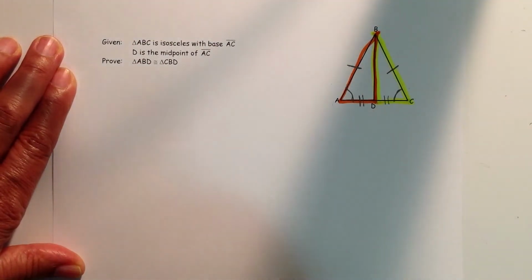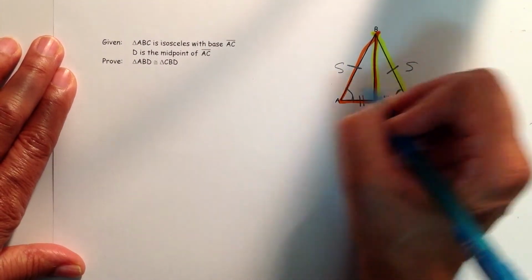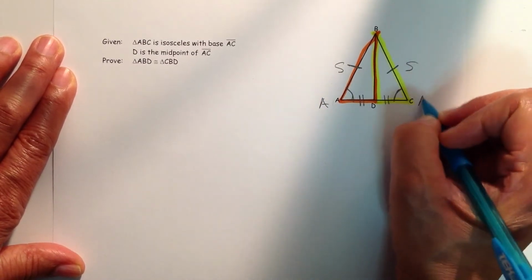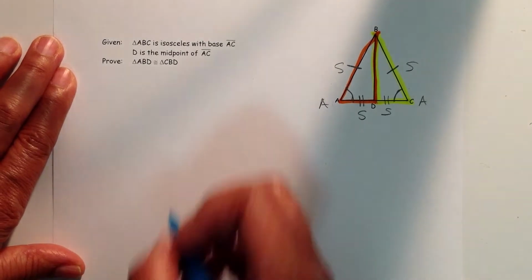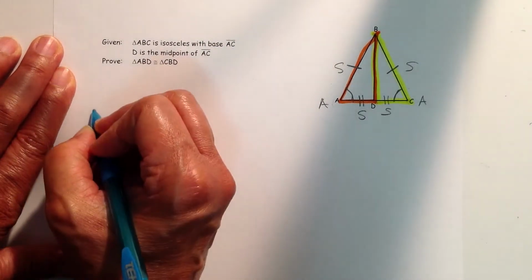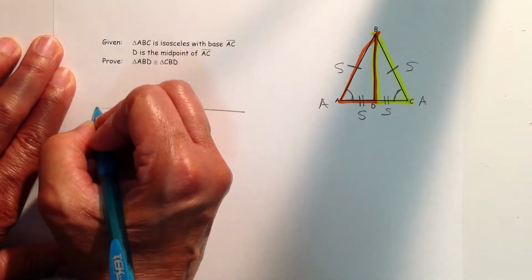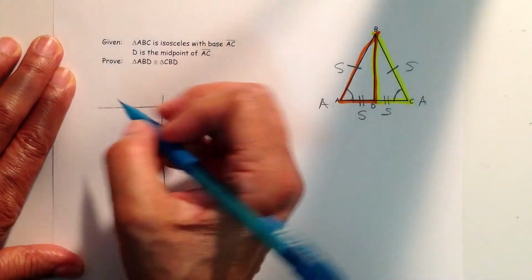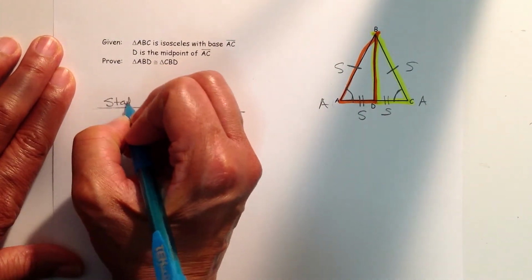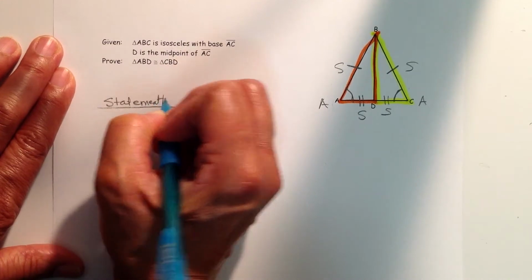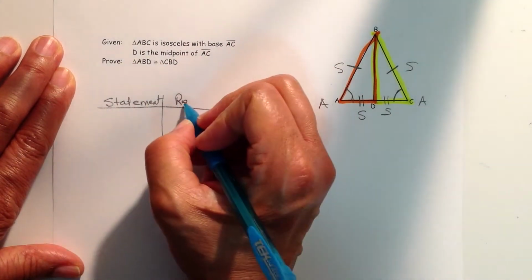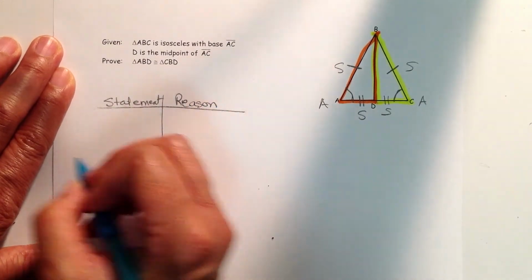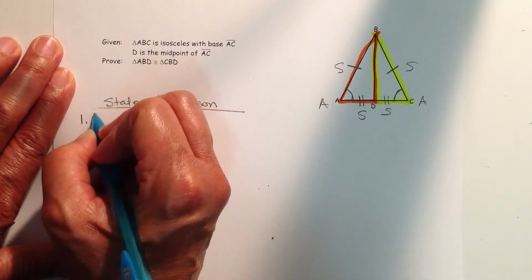So I see right away that using side, angle, side, I'm going to be able to prove these two triangles congruent. So I'm going to make my T-chart here where I put my statement and my reason, because I'm doing the two-column proof, right? And I'm going to start with everything I know.